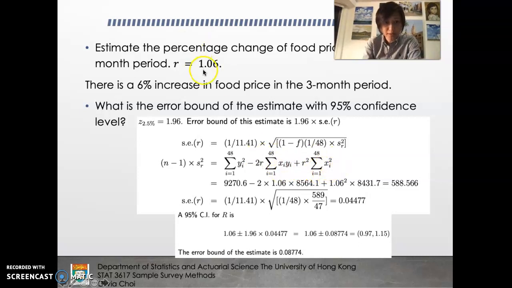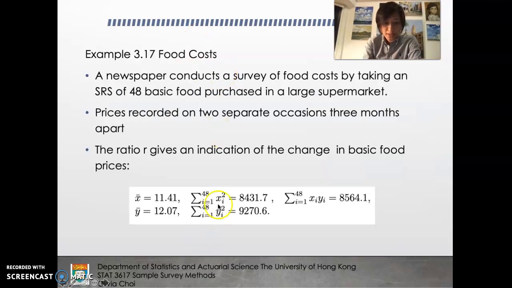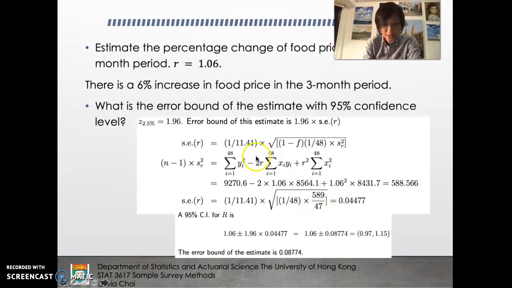R is obtained from part A, 1.06. Since we're given all this, we can substitute that in here. And in the entire calculation, we get 588.566 divided by n minus 1, which is 47. And that equals S R squared.